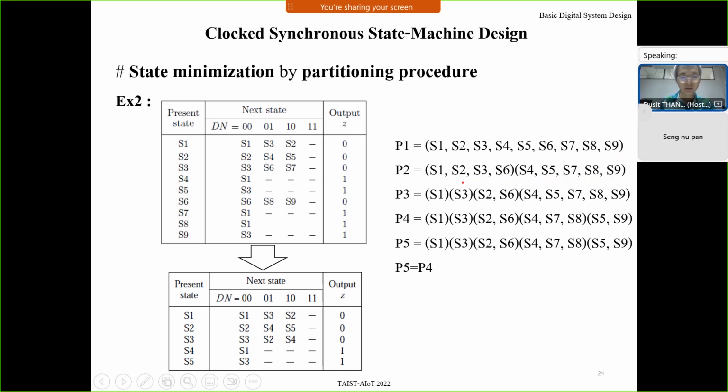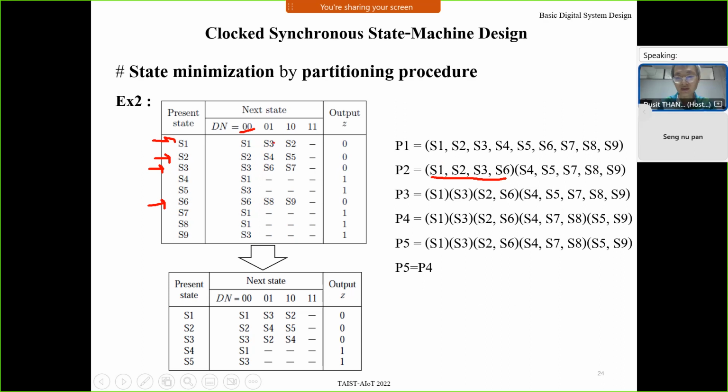After that, if I consider this group, S1, S2, S3, and S6, the next state when input is 0 0 is 1, 2, 3, 6, it's the same group, right? Okay, that's okay.